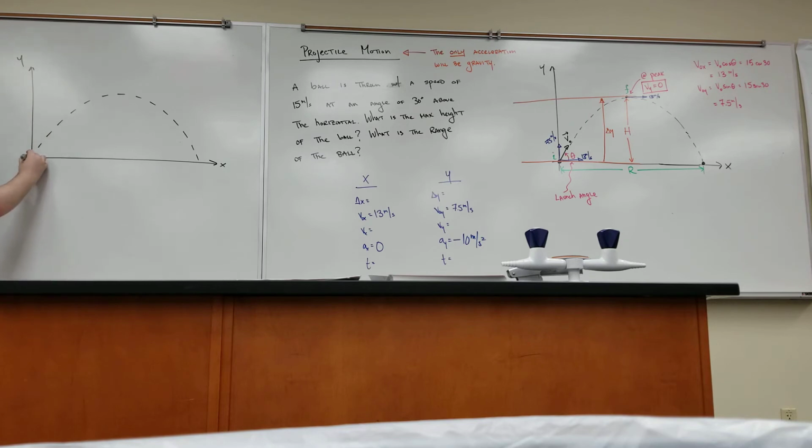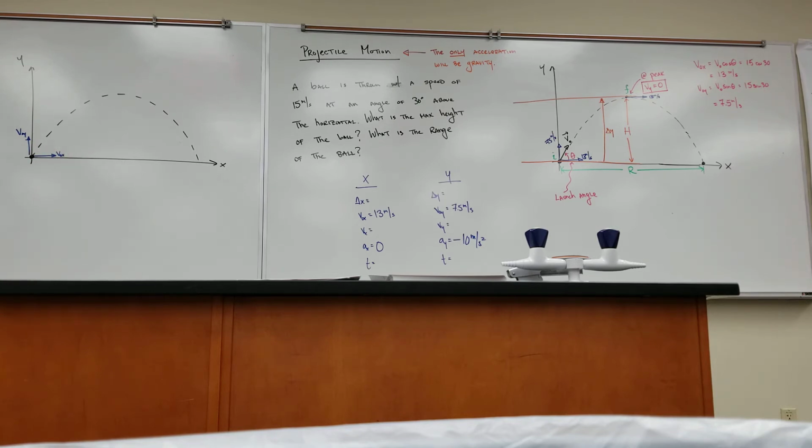Okay? So when the object is initially launched, it's launched with some velocity. It has some x component, v naught x, and it has some y component, v naught y. It only has an acceleration down. That downward acceleration has no effect on the horizontal velocity.